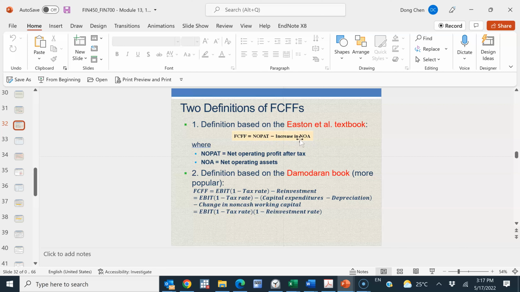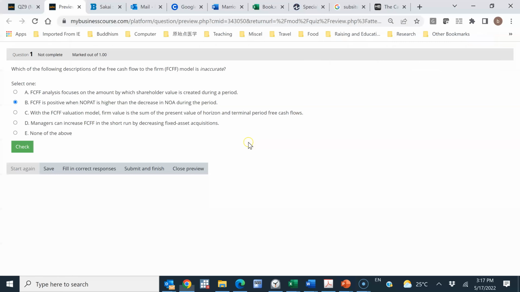Basically, the increase in NOA captures the capital expenditure. So if the capital expenditure decreases in a period, NOPAT will be deducted by a smaller amount, hence that can increase the free cash flow to the firm.